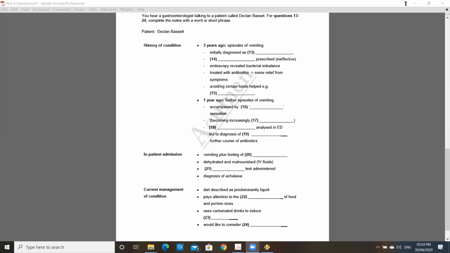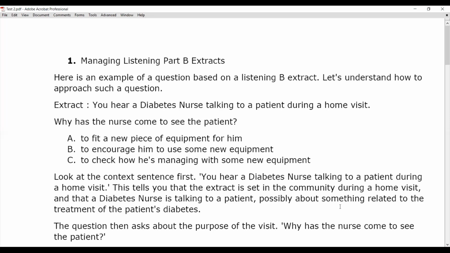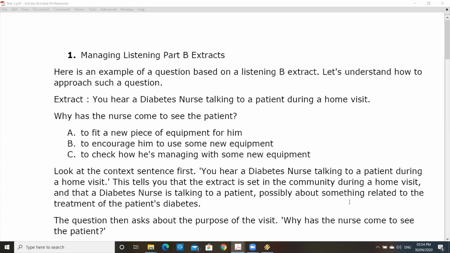Okay, so now let us move on to part B. So again, in part B as well, prediction is very, very important.